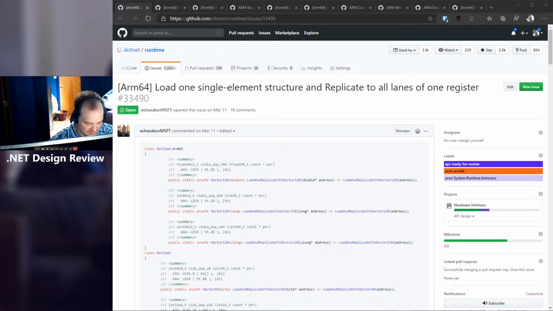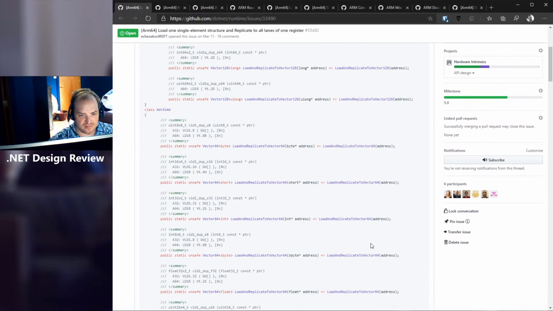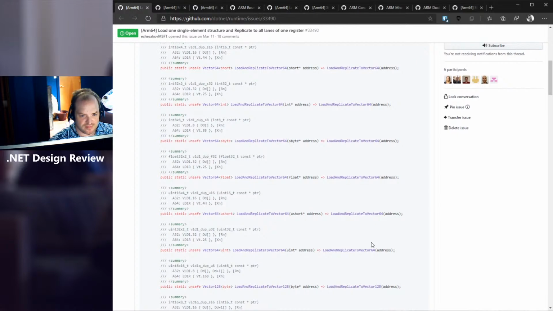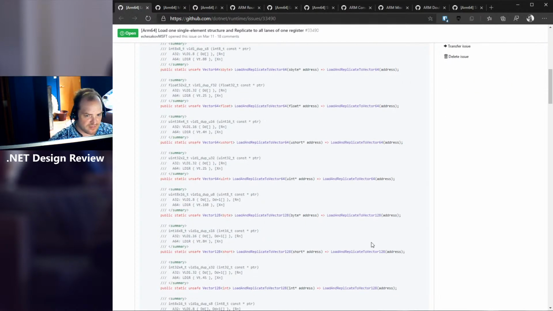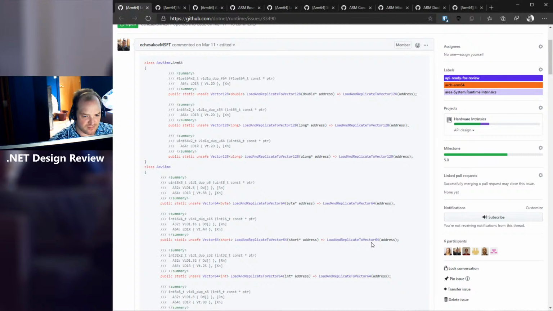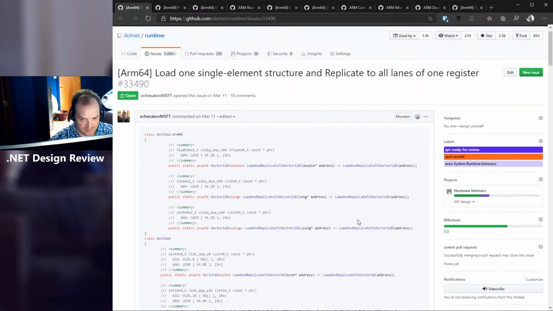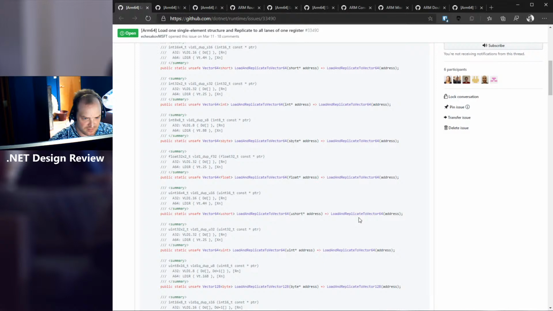And then of course it's the underlying primitive type, everything except for double, long and U-long on both 32 and 64-bit ARM, and double, long on ARM64.